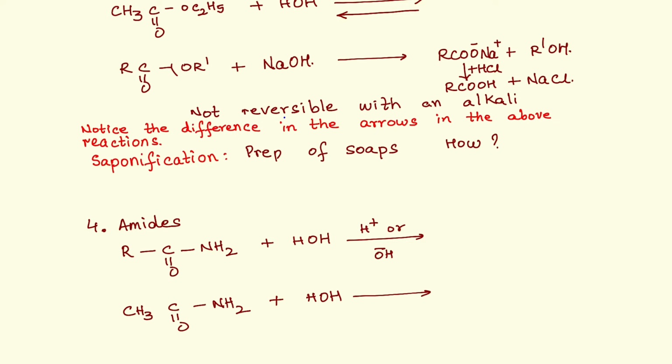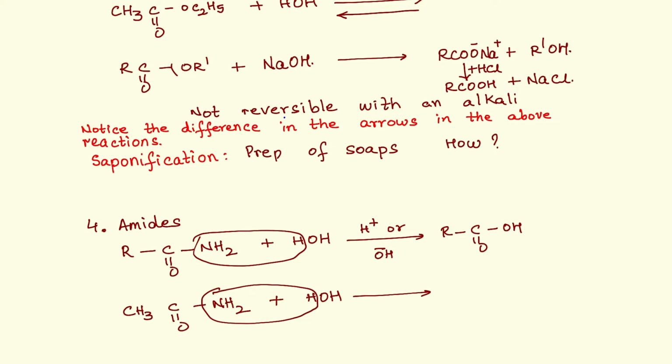Next we go on to amides. Again, from amides, acidic or alkaline hydrolysis, it's pretty easy, right? Would you like to write the reaction on your own? Yes, there we go. And what do you get over here? You get R, C, double bond O, OH. I can also write it as RCOOH.